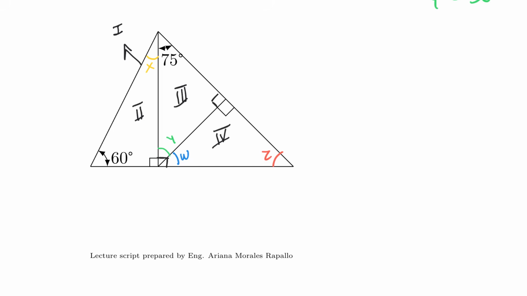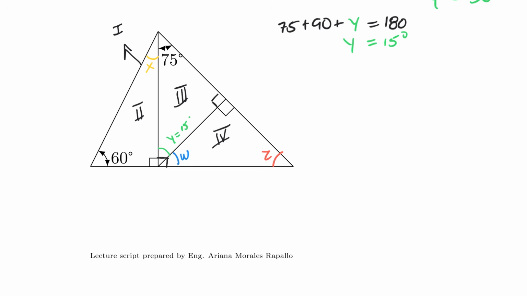So let's go ahead and calculate for y. Okay, so we can say that 75 plus 90 plus y is equal to 180 degrees, which means that y is equal to 15 degrees. So this angle right here is 15 degrees. Perfect.